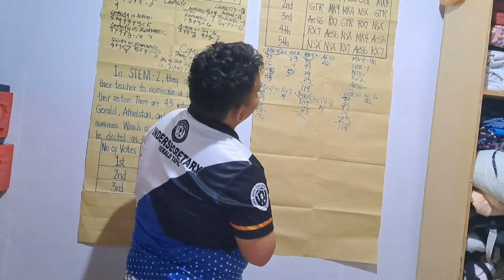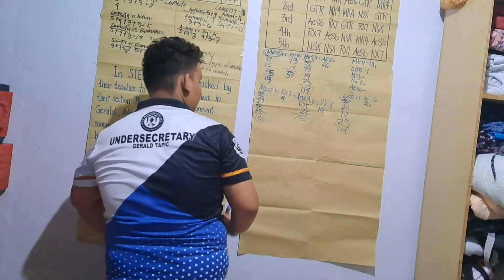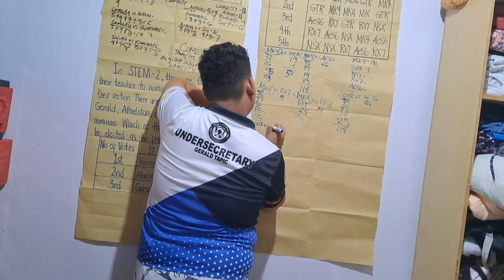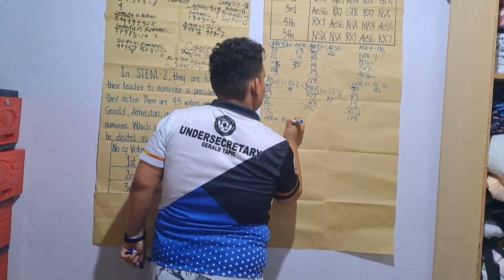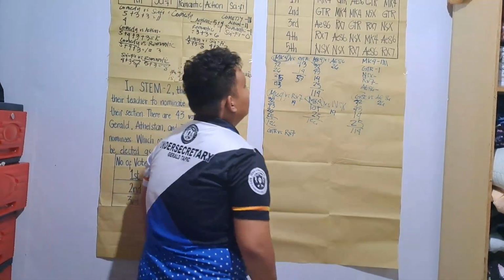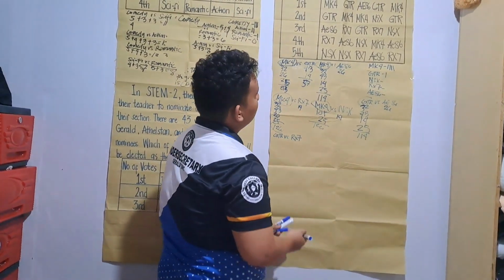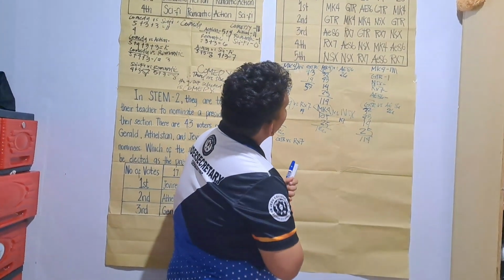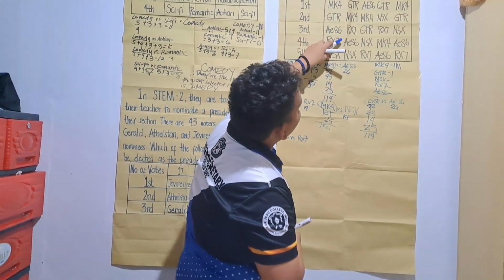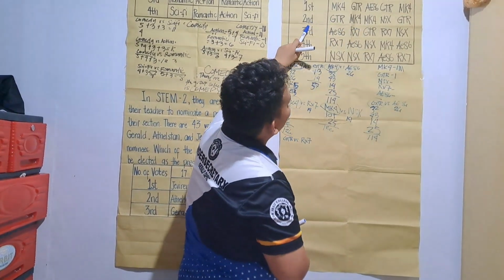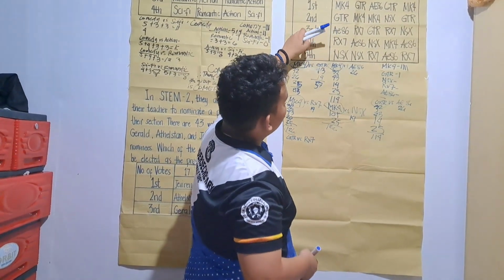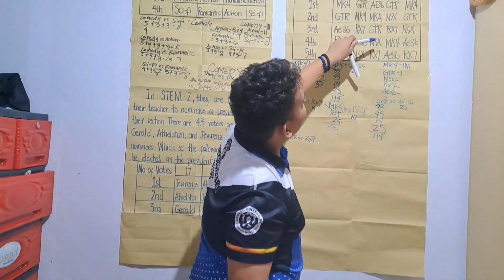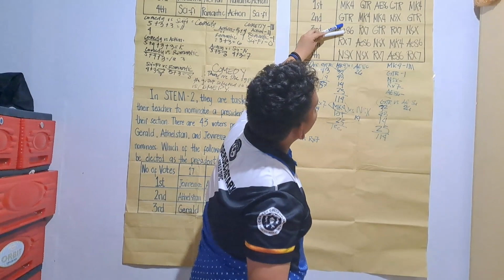So the next matchup is GTR versus RX7. In the table above, GTR in all 5 columns is first than RX7.